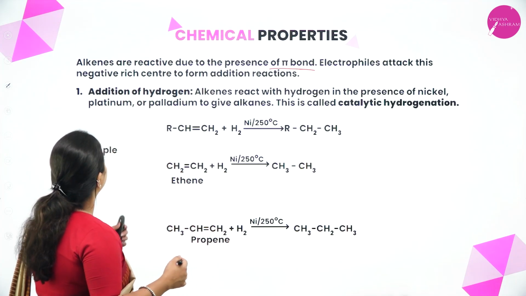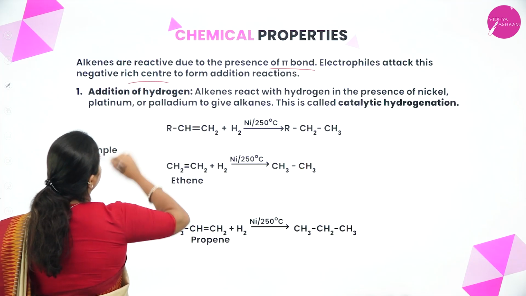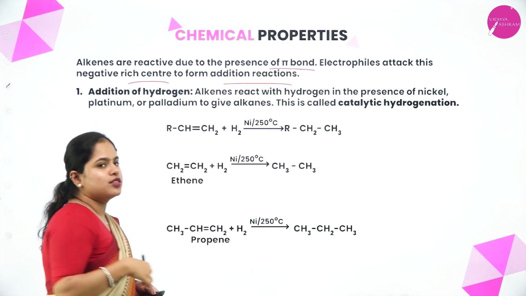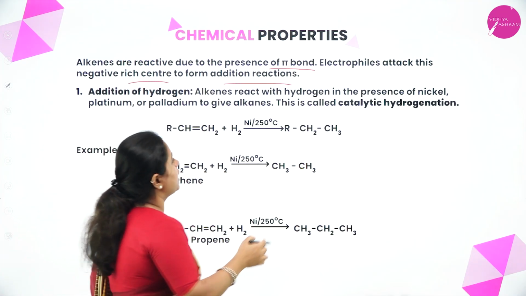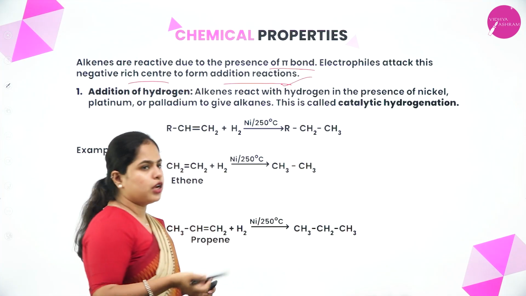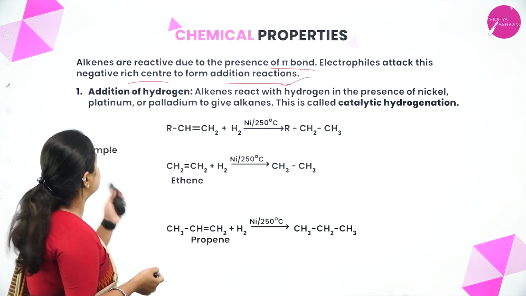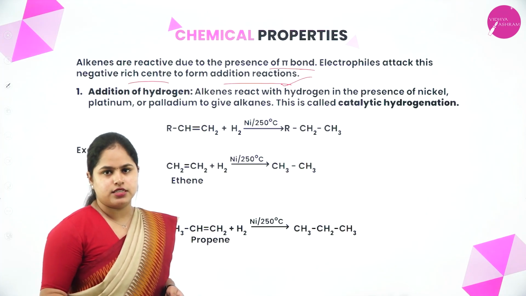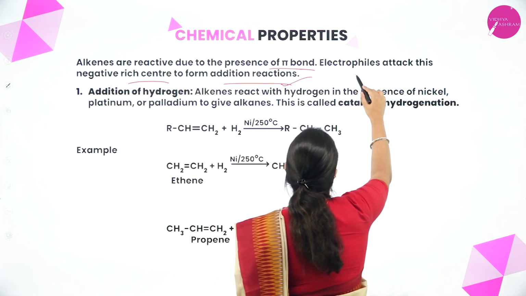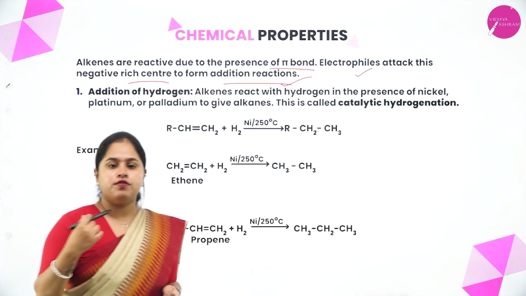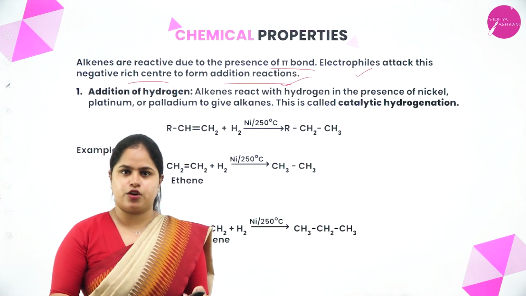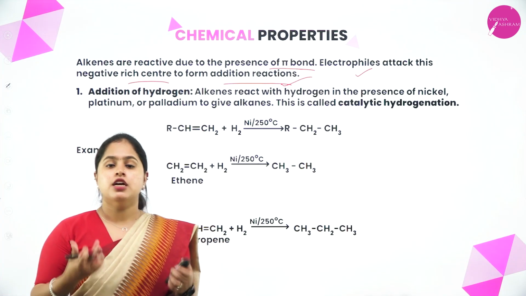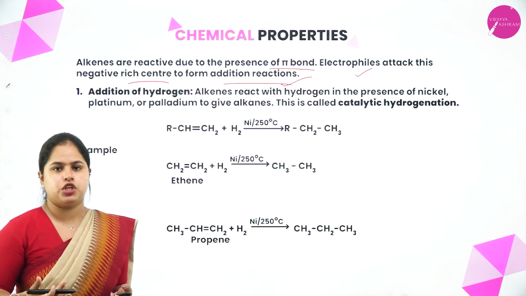Electrophiles attack this negative rich center to form addition reactions. So, alkenes undergo which type of reactions? Addition reactions, because electrophiles will attack these negative rich centers. What is an electrophile? Electrophiles are those species which have affinity towards electrons or negatively charged particles. So, they themselves will be positively charged.